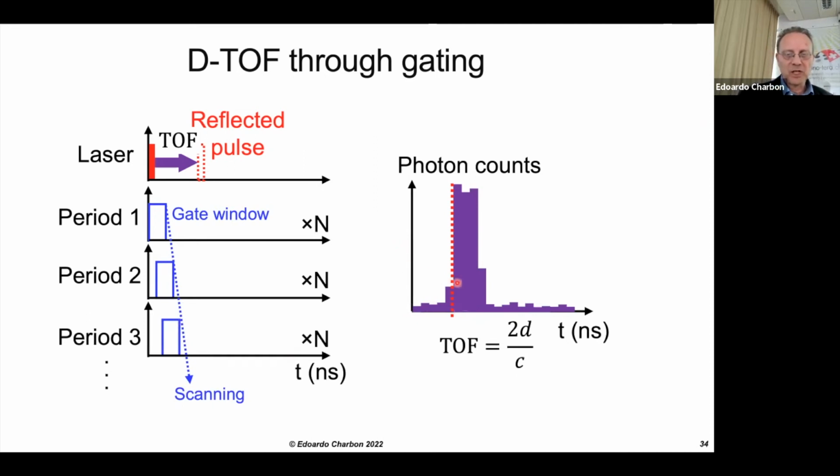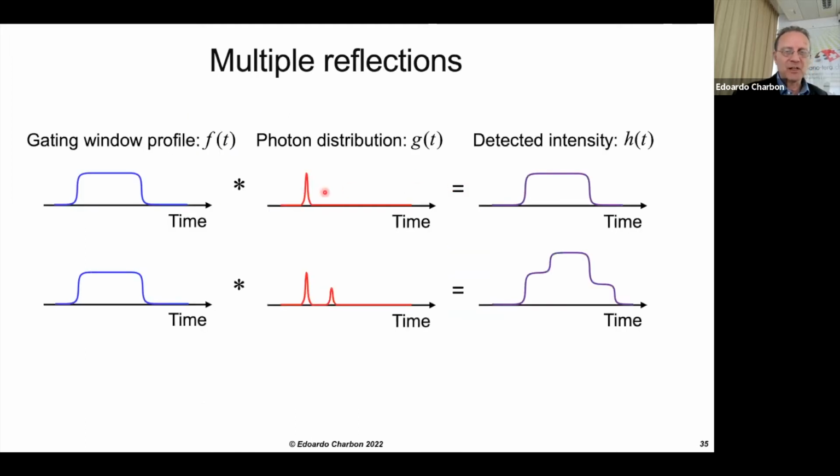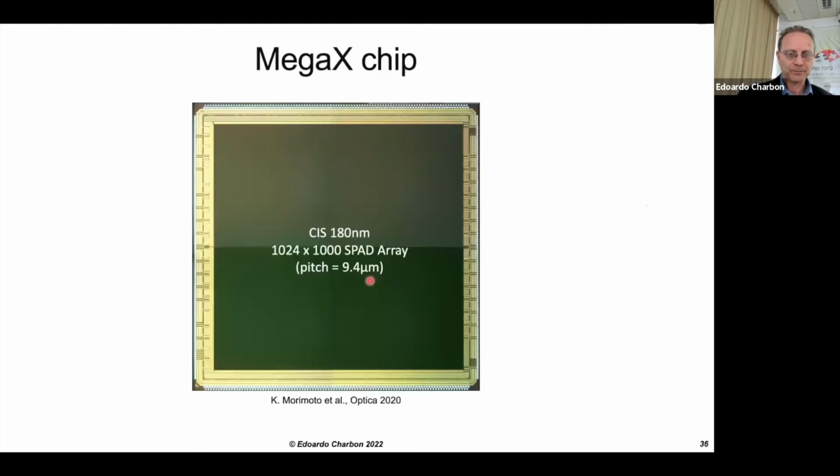This way you can calculate the reflection, and from that you can calculate the position of the target. But the nice thing with this approach is that you can also see multiple reflections, and therefore you can construct, for example, images through glass or through semi-transparent objects to see the three-dimensional reconstruction all along.